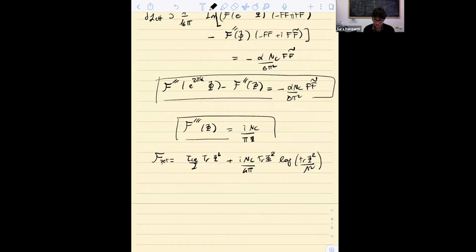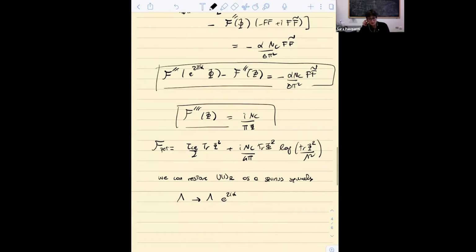But as we have done several times in this course, we know that if we promote lambda, well, we can restore U(1)_R as a spurious symmetry if we require the scale to transform with R charge 2.